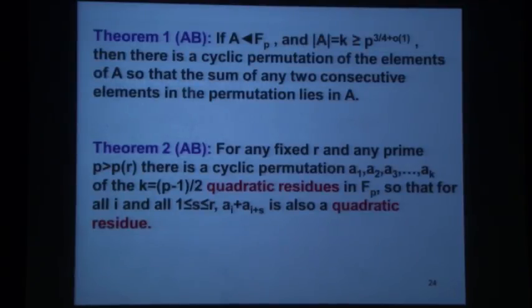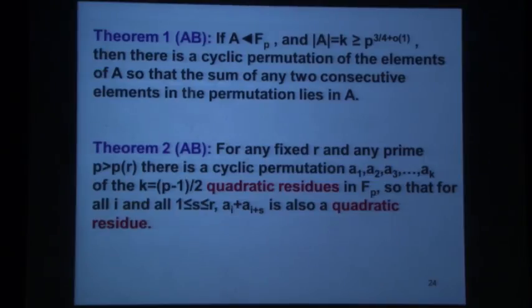Suppose you take, you see, the quadratic residues are just an example of a multiplicative subgroup, a very big one, of size (p minus 1) over 2. But suppose we take even one that is much smaller. The statement is that if we take a multiplicative subgroup of size a little bit more than p to the 3/4, and remember that p to the 3/4 is the best that we know even if we just want one additive relation, while here we need many, because we need the sum of every two consecutive elements to also belong.